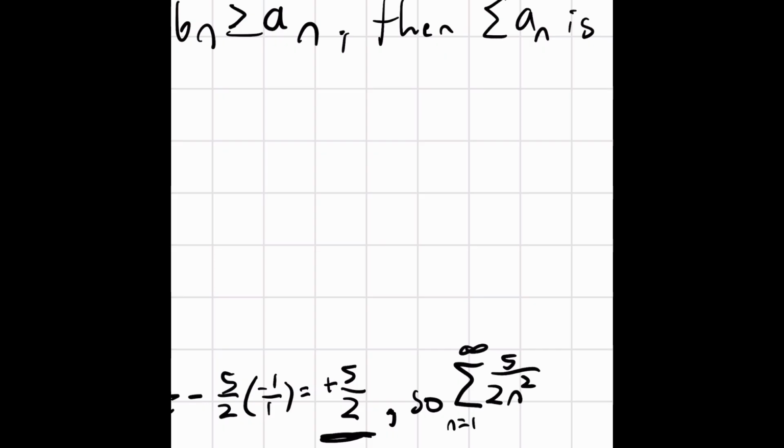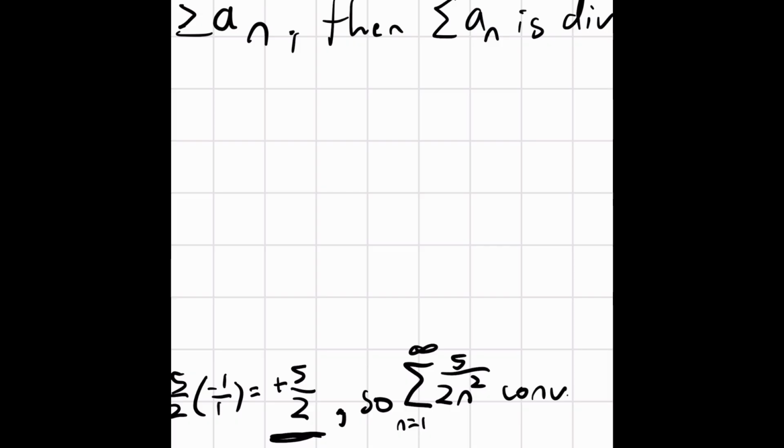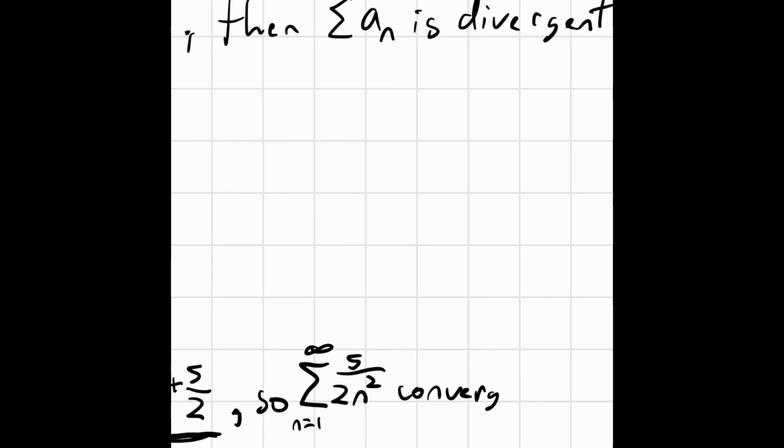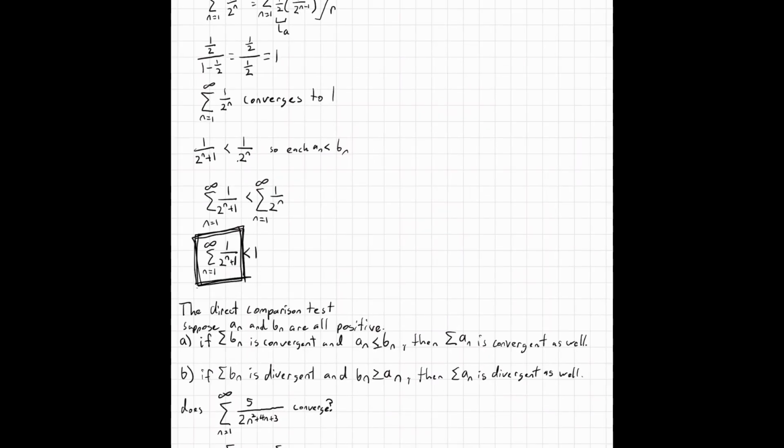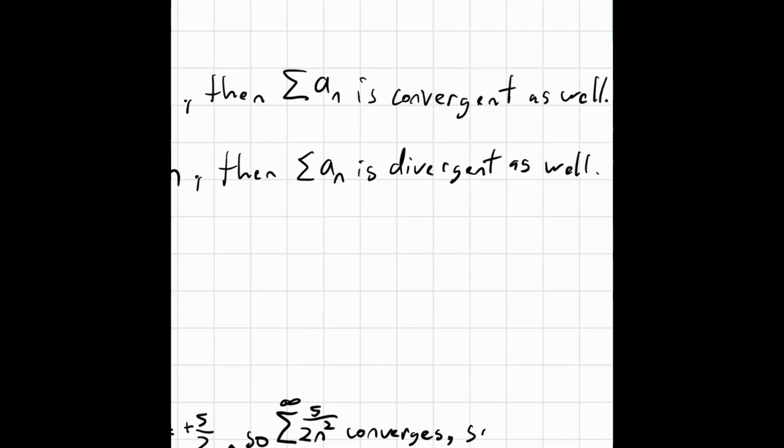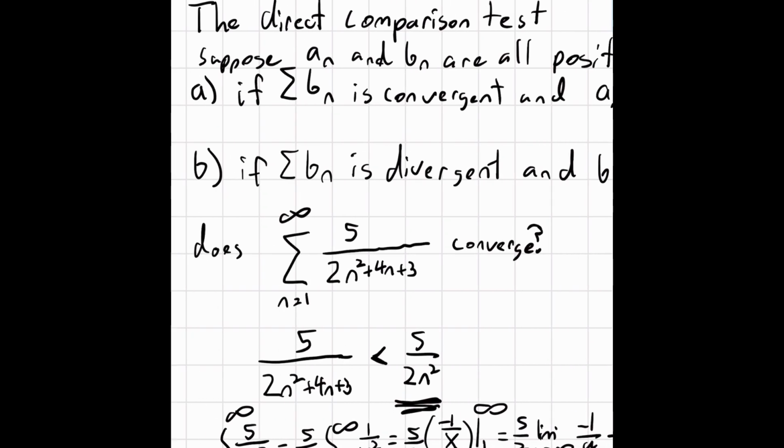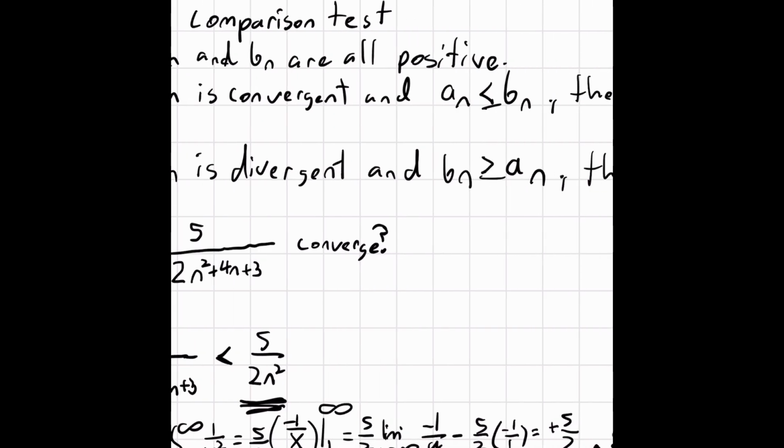5 over 2 to the n converges. So the series with smaller terms that we started with in this question converges as well.